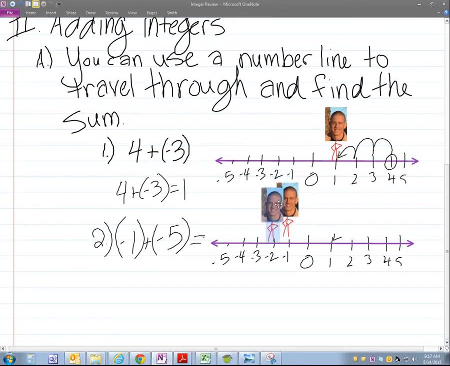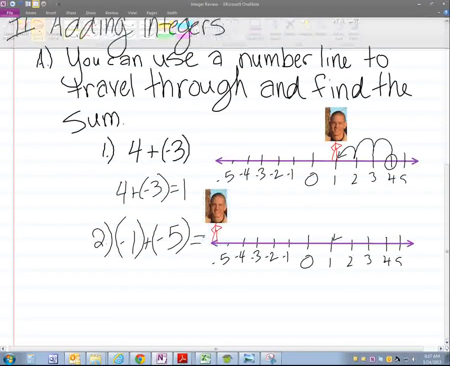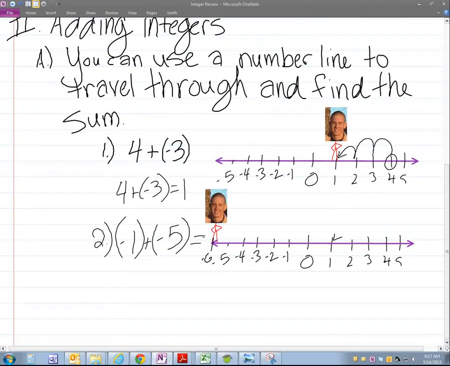So it's going to be 1, 2, 3, 4, 5, and I'll draw that 6 in there. So what is -1 plus -5? -6.